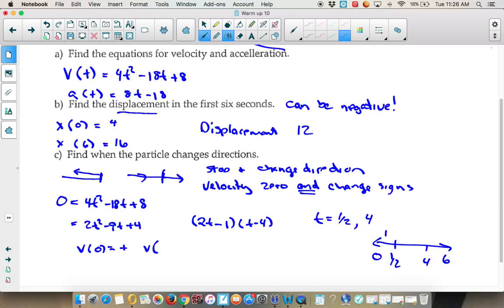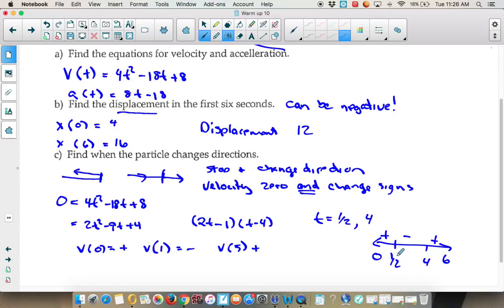So at 0, I'm at positive. I'm going to just check the velocity at 1, just because it's an easy number to put in. And that's going to be negative. And then at velocity at 5, when I put that in, I'm going to get a positive. Okay, so I did change signs, so I changed directions here.